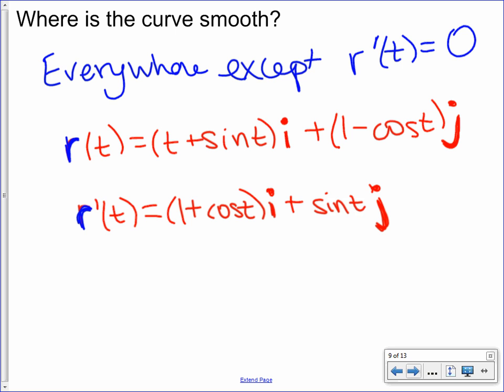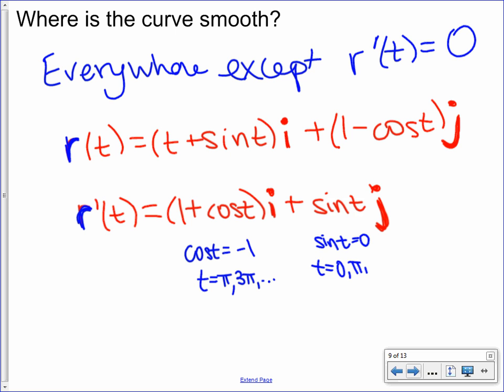Okay, so where is 1 plus cosine t equal to 0? This would mean cosine is negative 1, so pi, or 3 pi, or 5 pi. Basically odd number pi. Where is sine equal to 0? 0, pi, 2 pi.